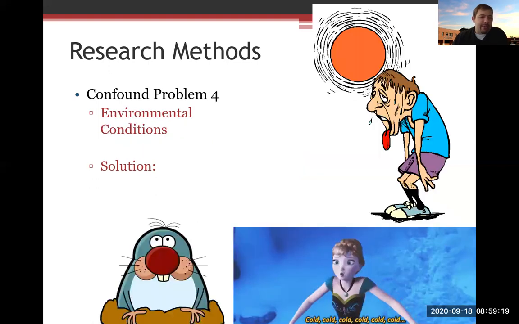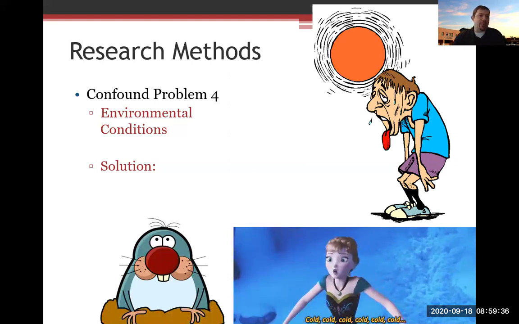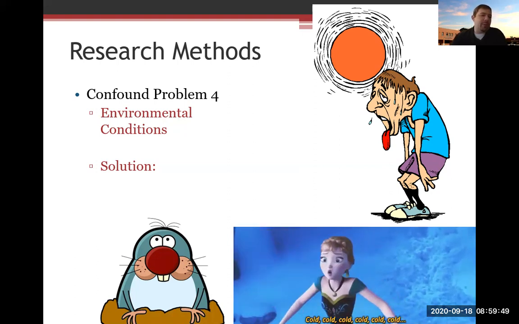So this next confound is relatively straightforward. There is always that environmental condition that might influence results. And honestly, the solution here is just to control them, because it's not something that we can always state an absolute rule for. If I am putting my experimental group in a super hot room and the control group in a super cold room, they're feeling different, they're interpreting their experiences differently, and therefore I don't know if that's influencing my data.